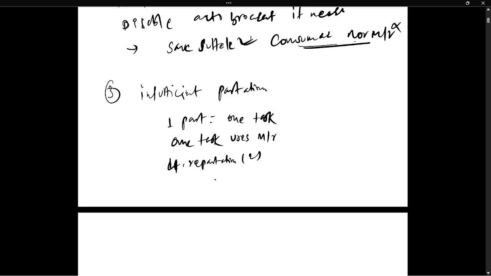So what happened here? Only two tasks. Each task is processing huge data. Then what will happen?